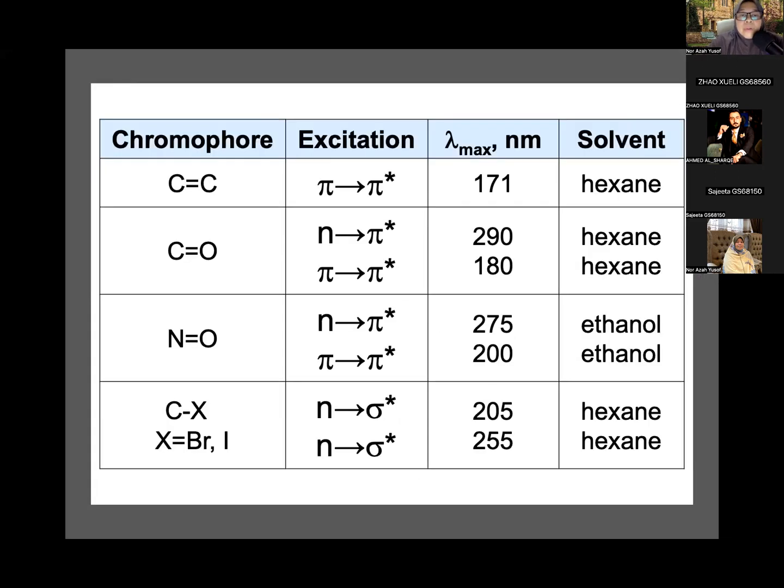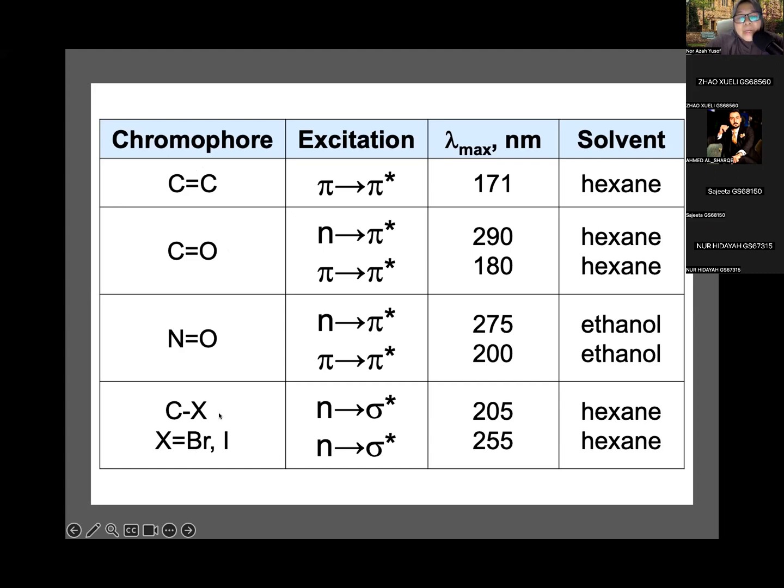Now, if you look here, just now I mentioned what a chromophore is. So if you look here, a compound that is categorized as a chromophore requires the compound to have a double bond, or at least it requires halogens.